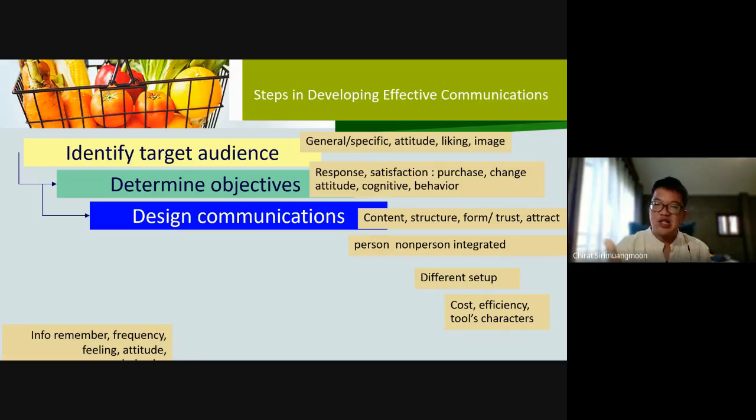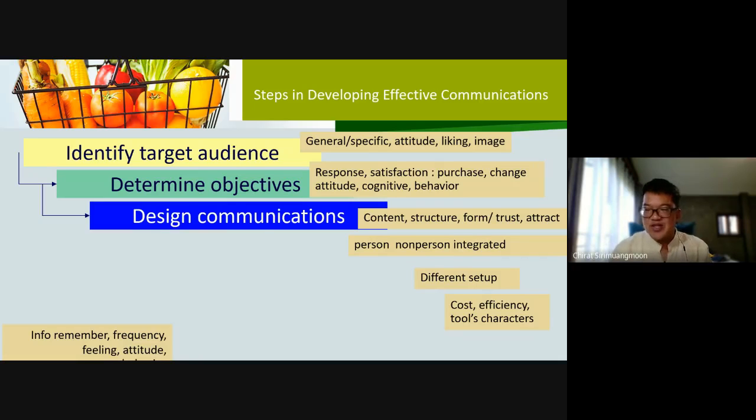Like you present in terms of good and bad, or try to convince them. So we have different styles, forms, different target groups, different communication styles. If you deal with teenagers, you might not need to use the newspaper. You need to use the infographic. That should be better, for example.